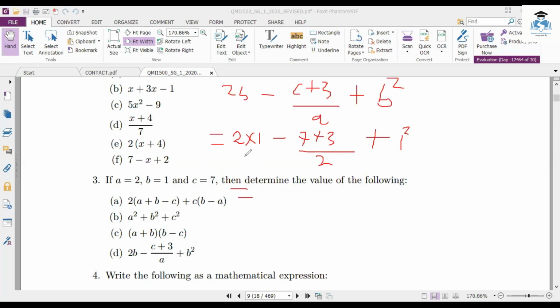Let's move on. Then 2 minus 10 over 2 plus 1.